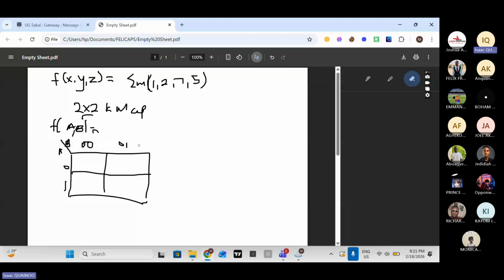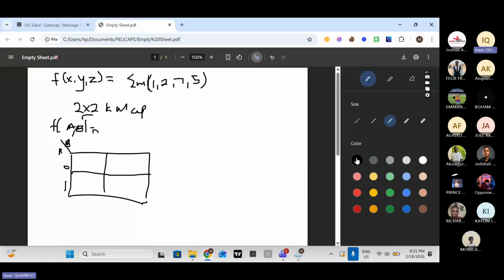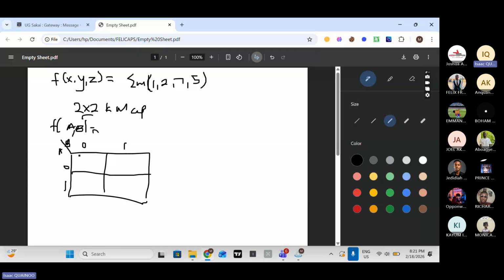You are dealing with a 2 by 2 cell K-map. There is no need saying 0 and 0, just 0 and 1 is enough for us. Okay. So you have 0 and 1 for B, you have your A also being 0 and 1. Okay. So this means that the box value for this here will be 0 and 0. The box value for this will be 0 and 1. The box value for this will be 1 and 0. The box value for this will be 1 and 1.